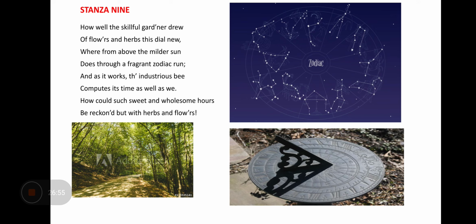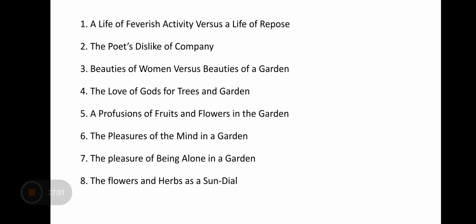There are many ideas covered in this poem. The first one is the superiority of lonely life, solitary life, to feverish activity.